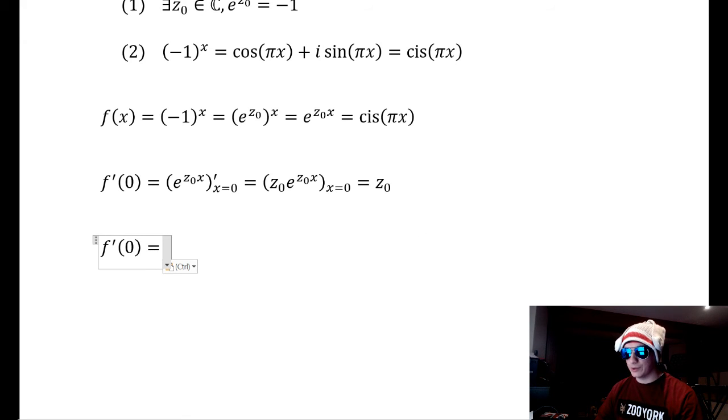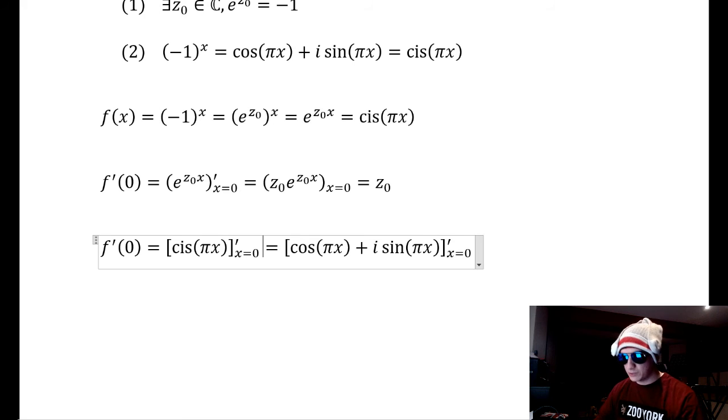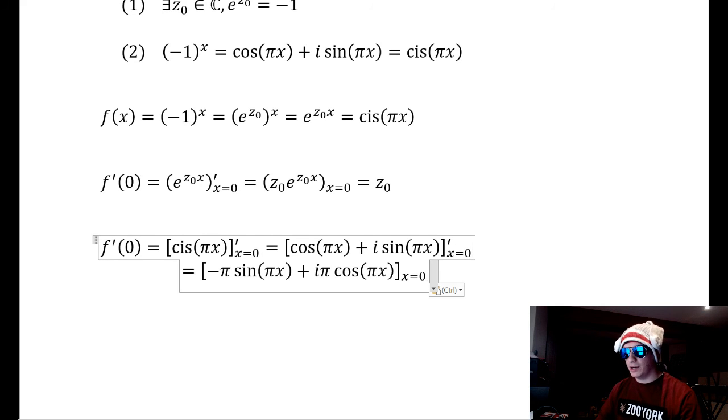So we have a formula for z naught. Now we'll take the derivative of the right side. So f prime at 0 of cis pi x, which is the derivative of cos pi x plus i sine pi x, evaluated at x equals 0, which is negative pi sine pi x plus i pi cos pi x at x equals 0.